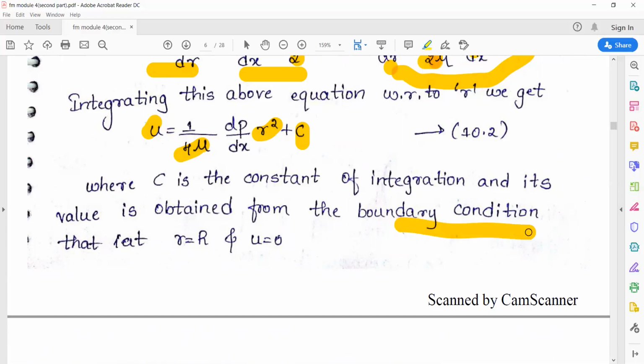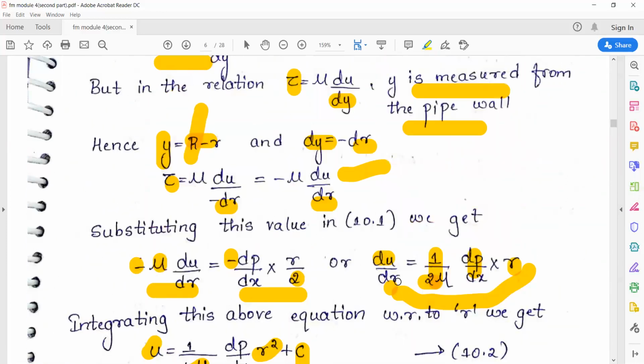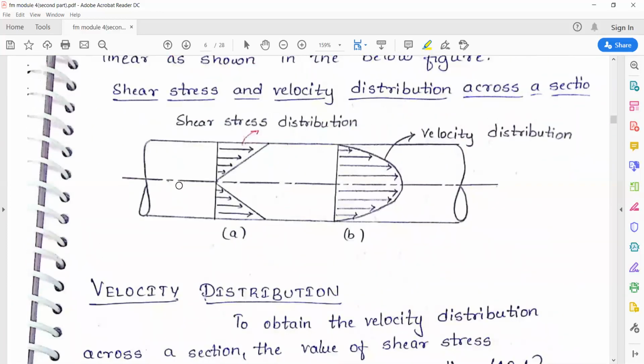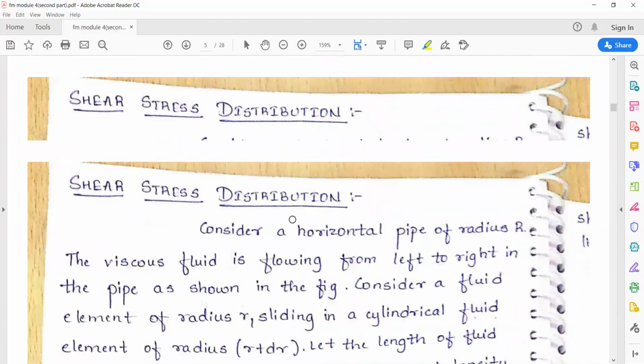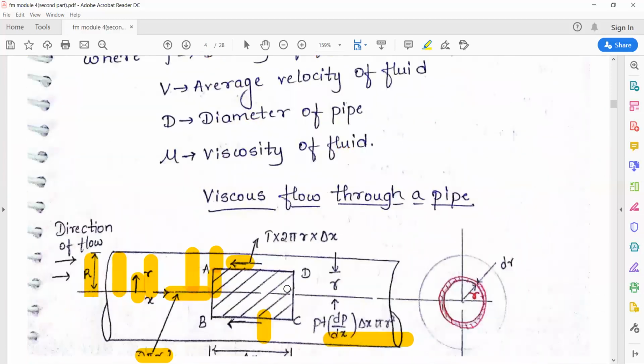According to the boundary condition, what is the boundary condition? When small r is equal to capital R, what is u? That becomes 0. Am I right? This is capital R. So when small r becomes capital R, in the sense the radius of the fluid element becomes capital R near the surface, what about velocity?